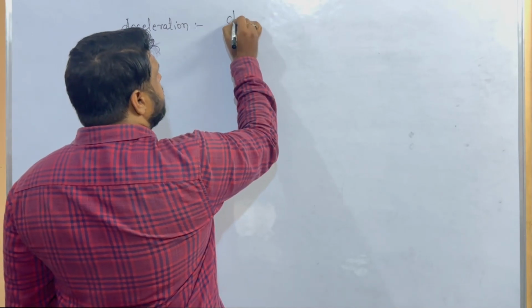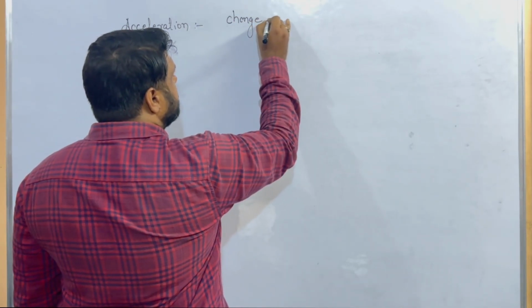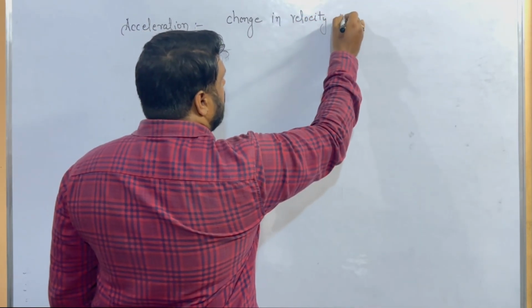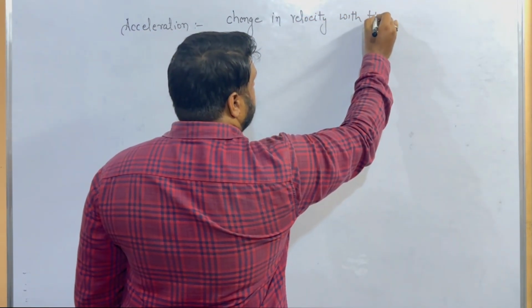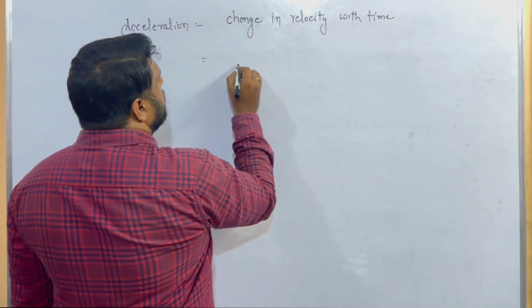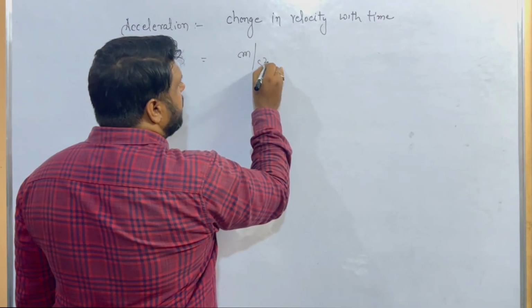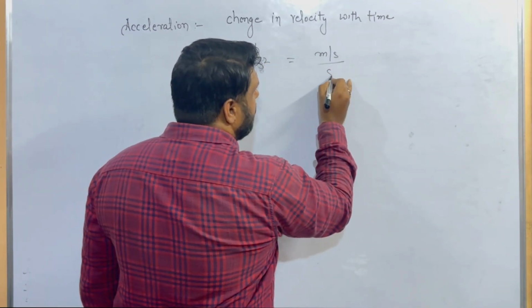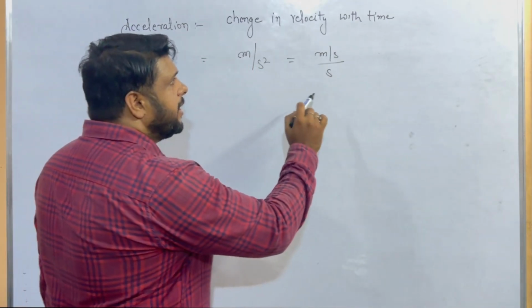What is it? Change in velocity with time. Acceleration's SI unit is meter per second square. I can write it like this also, meter per second by second. Why am I writing it like this?